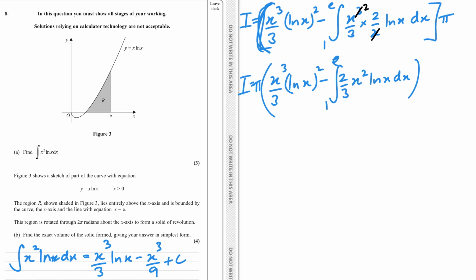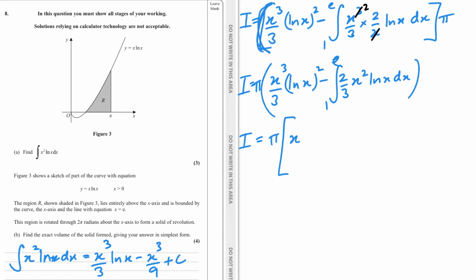So now you can see that this part here is the same as what we did in the first part. The only difference is that 2/3, which I can take outside. So we can use our answer to part A to help us with part B. So now I'm going to use my square brackets so I can put my actual limits in.